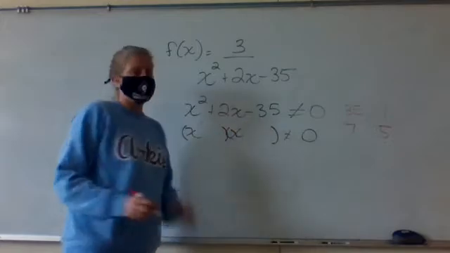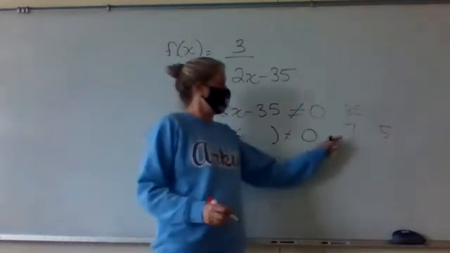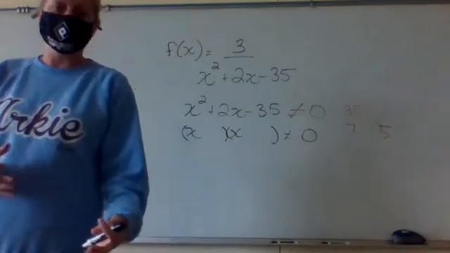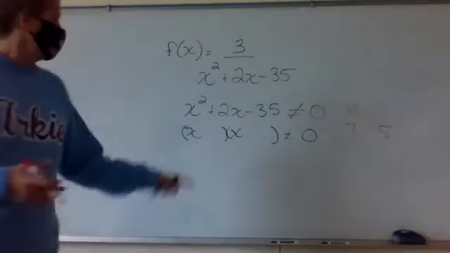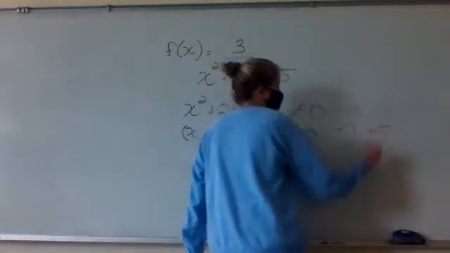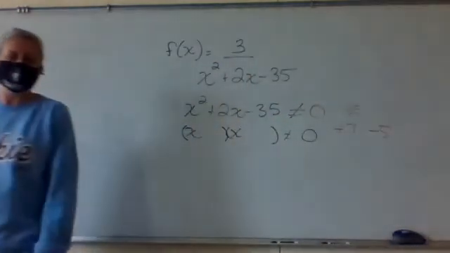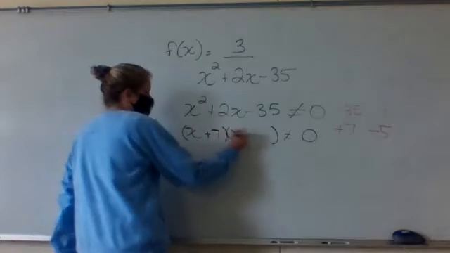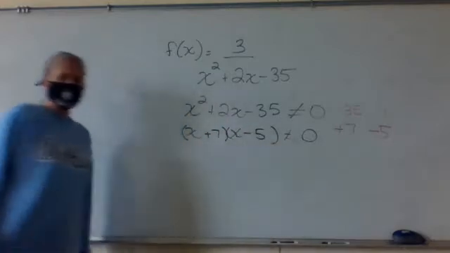Now, if I'm multiplying to equal negative 35, I need to manipulate my signs, right? I need one positive and one negative. If I'm going to add to positive 2, that means my 7 needs to be the positive and my 5 needs to be the negative. That's how you would get positive 2. So I need a plus 7 minus 5.